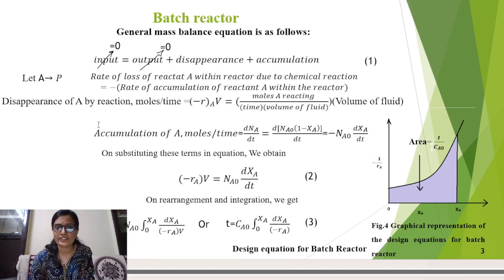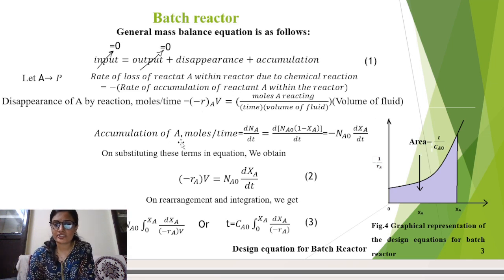Now disappearance of A by reaction in terms of molar flow rate, which has the unit moles per time. Actually we are writing all these terms in terms of molar flow rate, so it has moles per time unit, and is equal to minus rA into capital V, where minus rA is the rate of disappearance, which has the unit of moles of A reacting per time per volume of fluid. Here capital V is the volume of fluid.